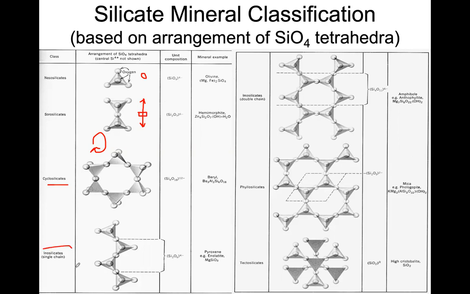Okay, inosilicates. Inosilicates are of two types. Okay, so you have another type of inosilicate here. One has a single chain. Okay, they have only one chain, but the other one has two chains.